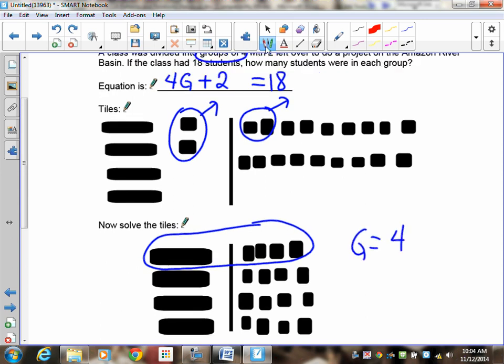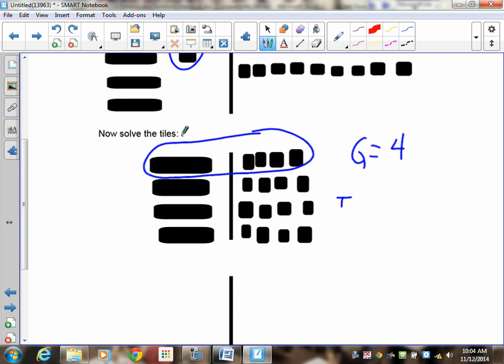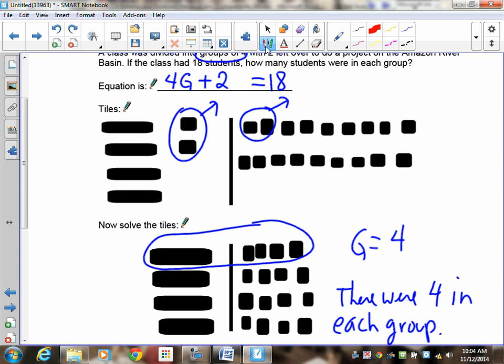So now I need to answer the word problem. It says how many students were in each group. There were 4 in each group. Okay, so how am I going to mark this? Come up with the equation. Now you may have 4g plus 2, or you may have 2 plus 4g. That works. But either way, they have to be equal to 18, the total.